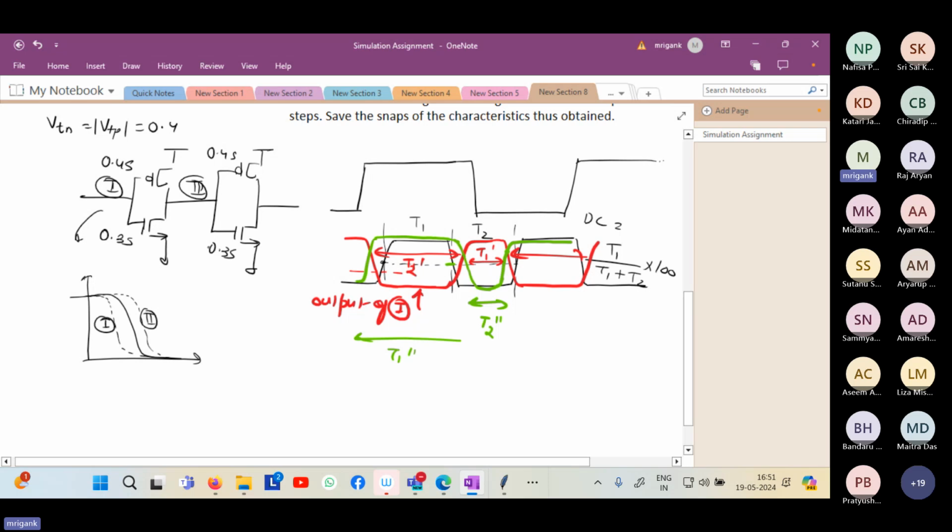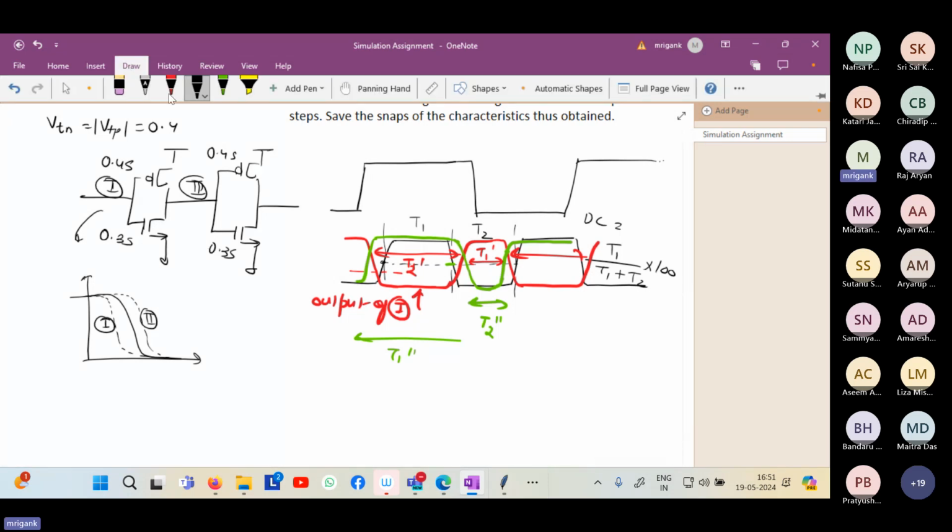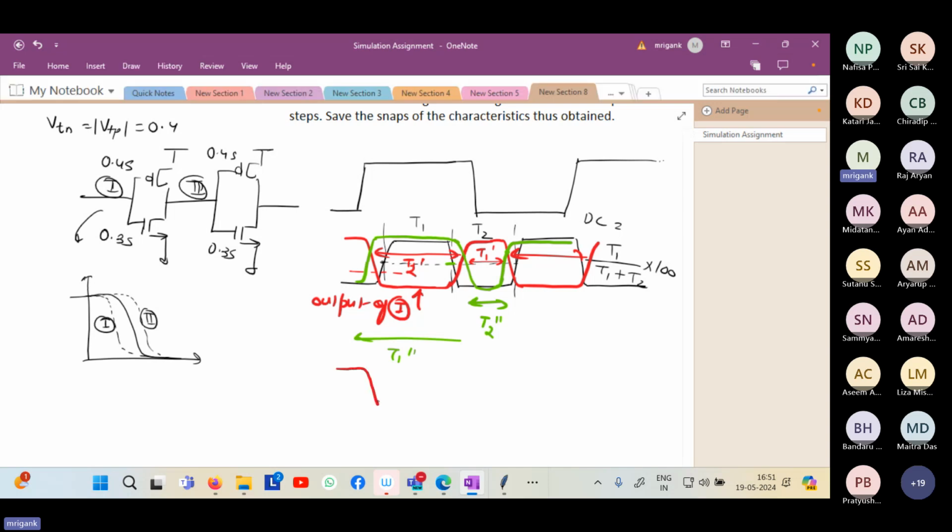In this case, I can take the first waveform, the first output remains the same. So I will just copy the red waveform as it is. It is already broadened, with a slightly broader lower phase as compared to the higher phase, because the first stage effect remains the same.